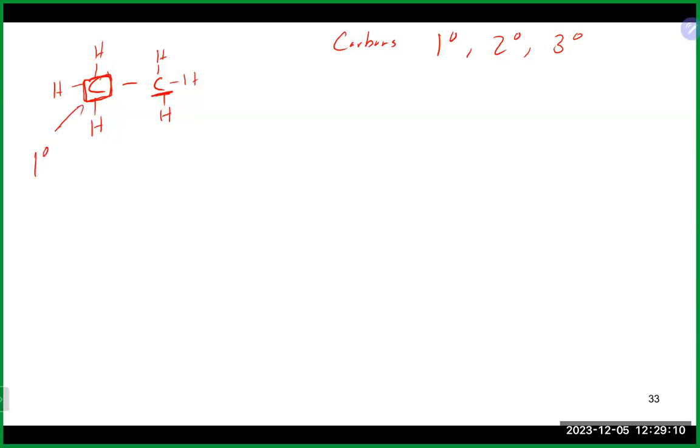Now, some people will teach you to look at how many hydrogens there are. So that's also another way that you can do it. But really just looking at the carbons is easier because it just tells you what it is, basically. So if you had something like this, and we look at this carbon right here, this carbon is attached to 1 and 2 carbons directly.